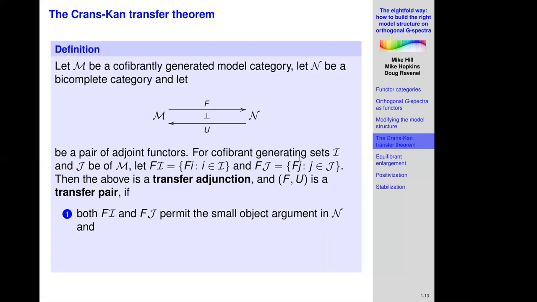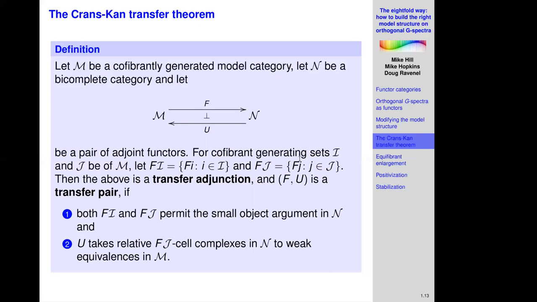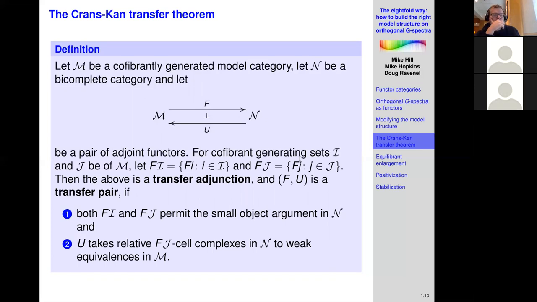And the other thing I need is that if I use Fj to build up cell complexes in N, I get maps in N that I want to map to weak equivalences in M. I want you to take relative Fj cell complexes in N to weak equivalences in M. These are two technical conditions that one can ask for of these functors.